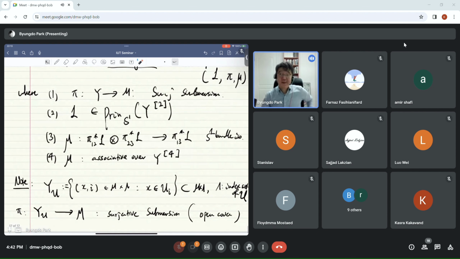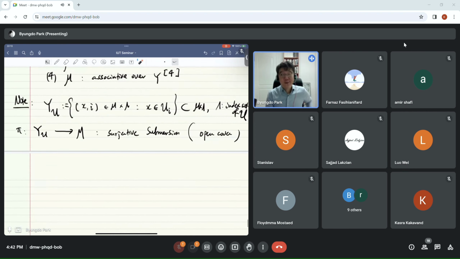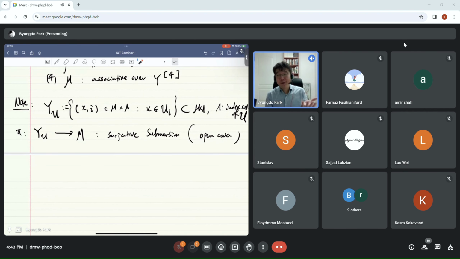So for these reasons, if you look at literature dealing with gerbes and developing theories, most people either use this Čech cocycle version or they use this bundle gerbe. Probably, I believe these bundle gerbes are more widely used.